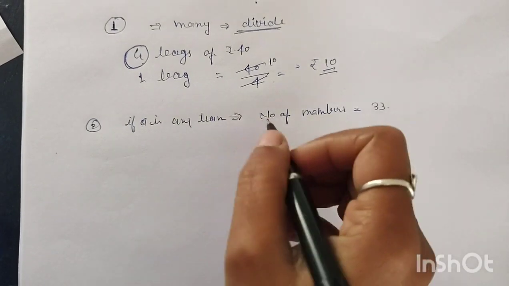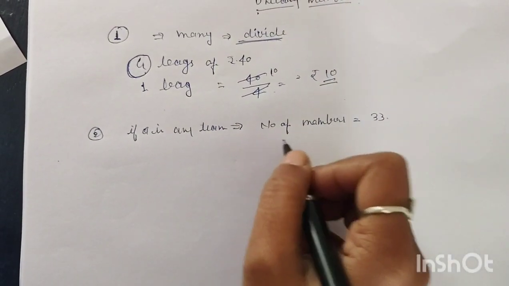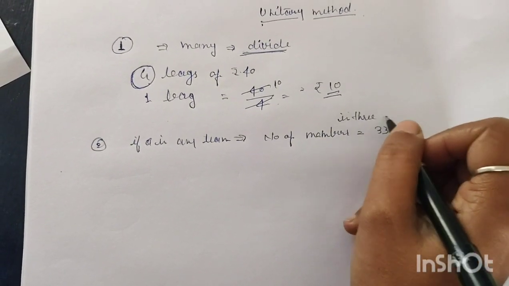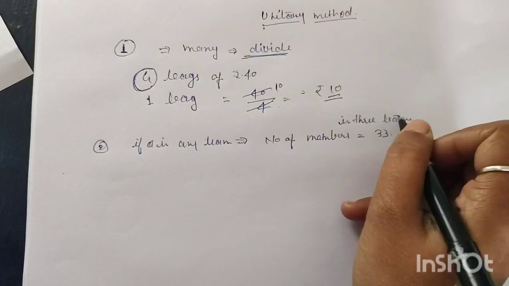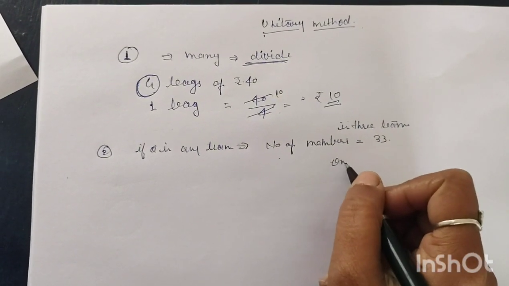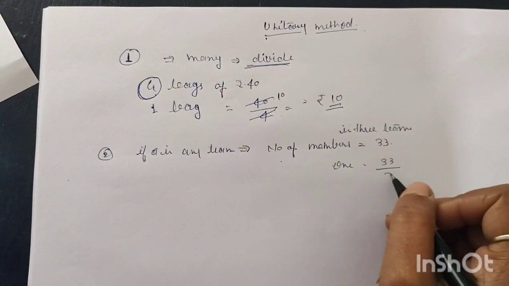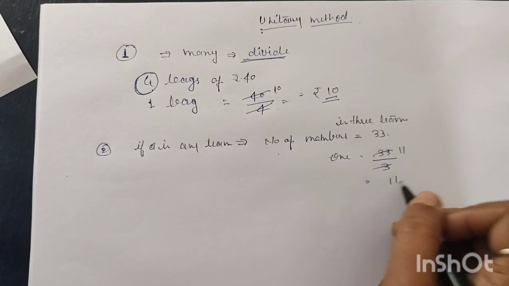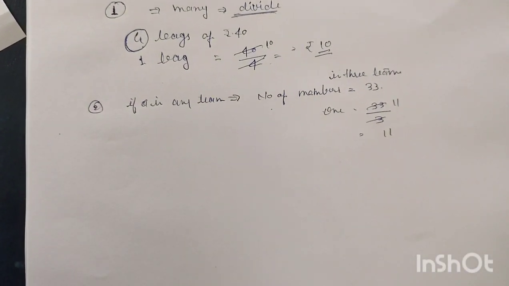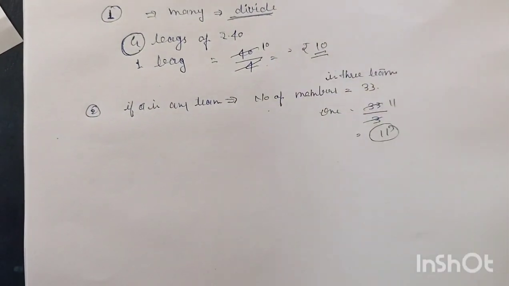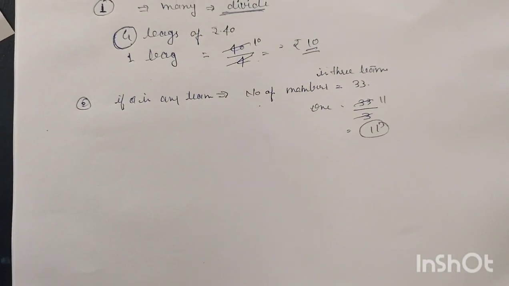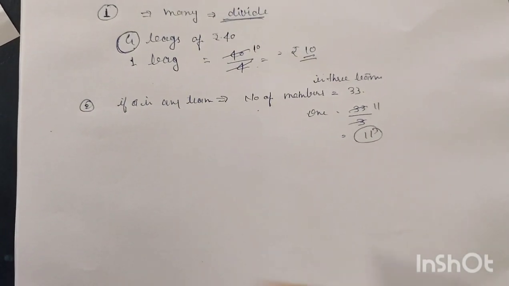Here 3 teams are there. 3 teams, number of members in 3 teams is 33, right, and we have to find the number of members in one team. What will we do? 33 divided by 3, 11. Then we can say 11 members in one team, right? In this way we can find the value of 1 if we are having the value of many things, right?